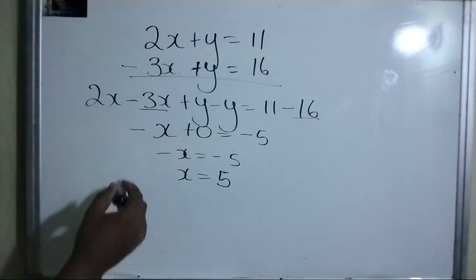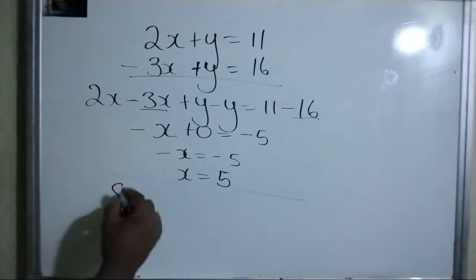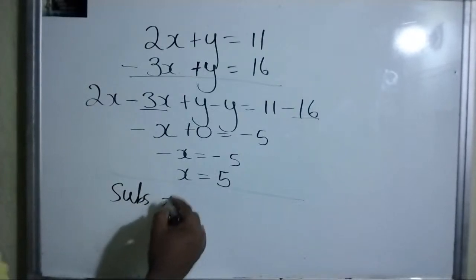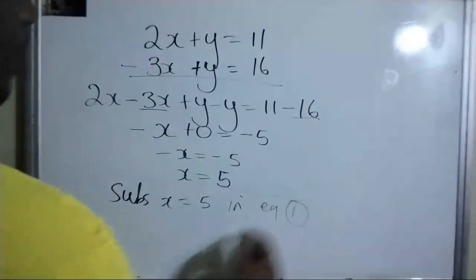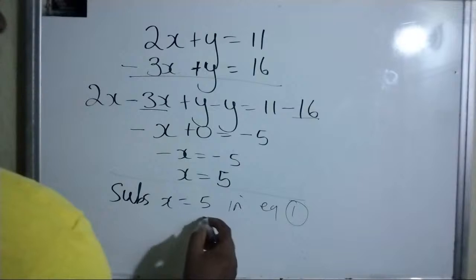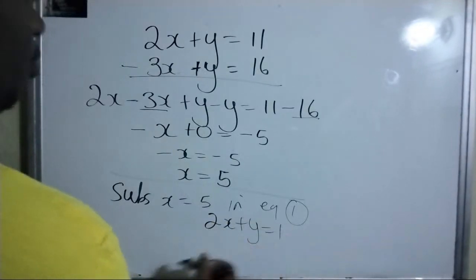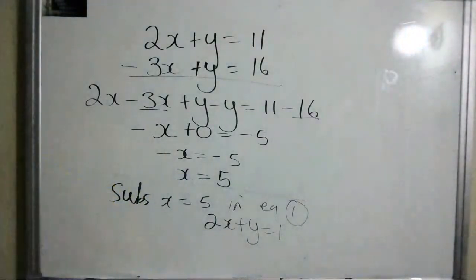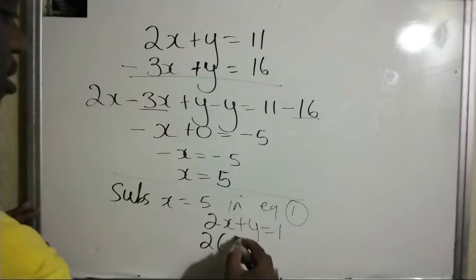You can make a little note here: substitute x equal 5 in equation 1. And then we just write back the equation, which is 2x plus y equal 11. Anywhere there is an x, we're going to replace it with 5.